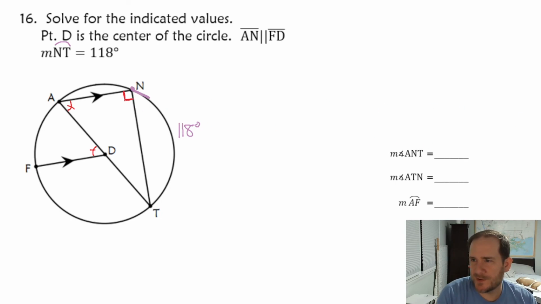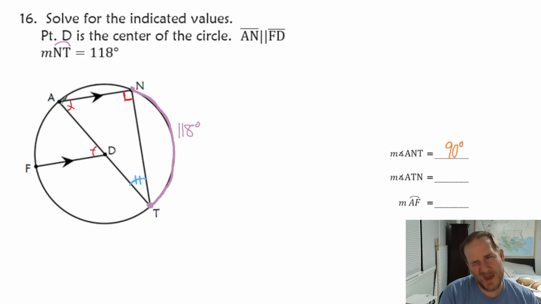So how does that help us? Is that all we got? Yes. So they now want the measure of angle ANT. ANT is the 90 degree angle that we already talked about. So there's that. Now they want ATN. That's this angle here. And that is an inscribed angle that cuts arc AN.